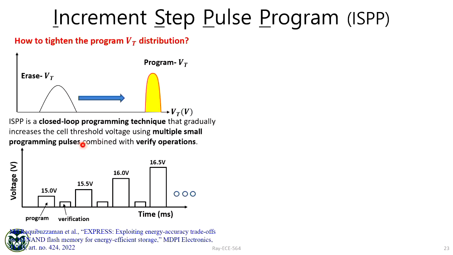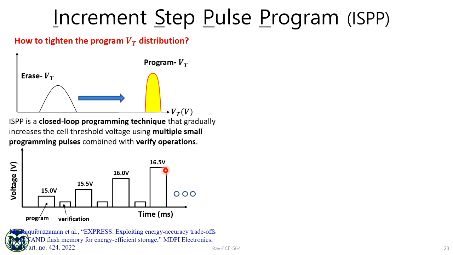Okay, so if you go with a smaller delta, 15, 15.5, 16, 16.5, what is the problem? Yes, you can make things narrower because you are controlling the programming more finely, but you will pay a price in terms of latency. Your programming will not be done in 1 millisecond, it will go to 5-6 milliseconds.